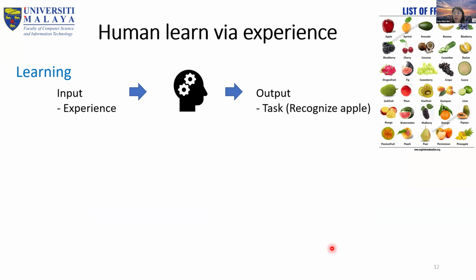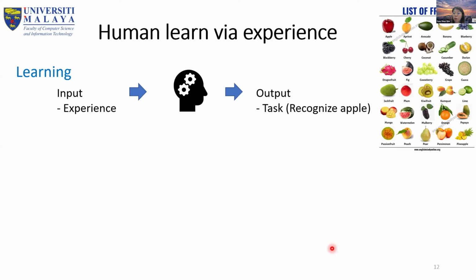When we were teaching a toddler how to recognize fruits, for example, we give them a bunch of different examples of fruits, like apples or grapes. Then you show them that, okay, if you see this kind of red, circular object, this is an apple.